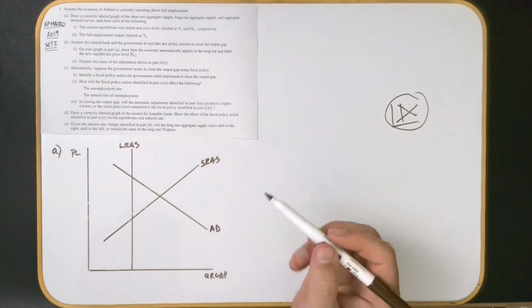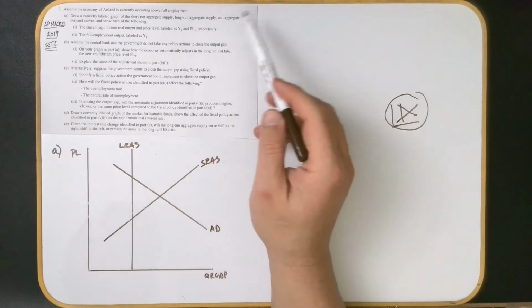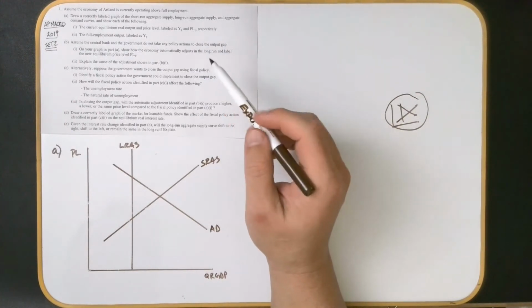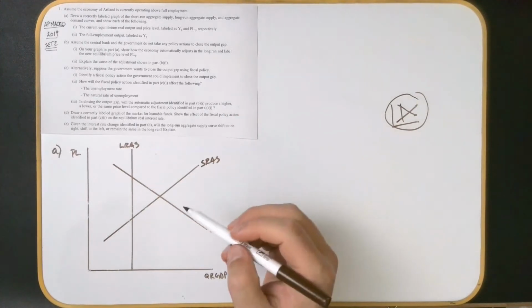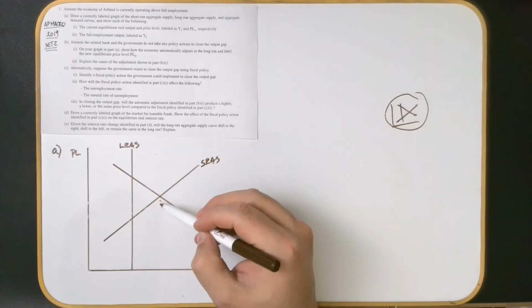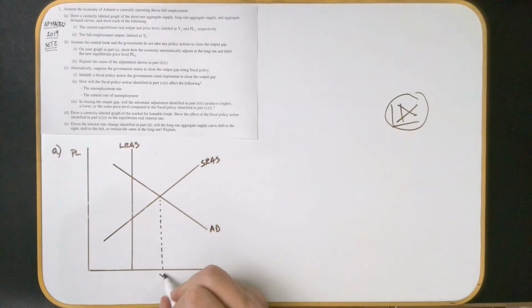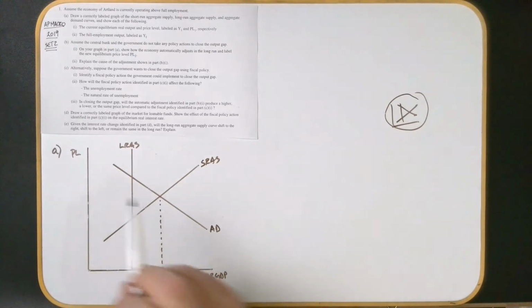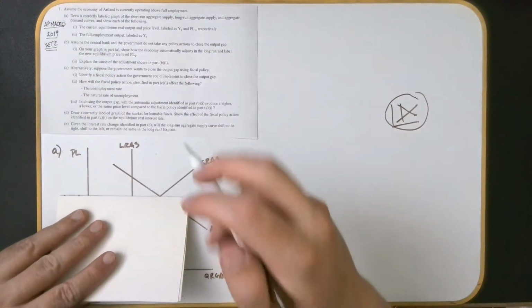And let's see what else they want us to say. So draw a correctly labeled graph. We have short run, long run, aggregate demand. And the current equilibrium output and price level is Y sub 1 and PL sub 1. So here's our current spot. We will dot down, and we will say Y sub 1, and we will go over from here.